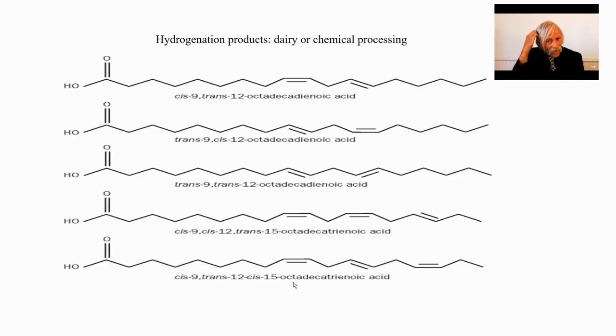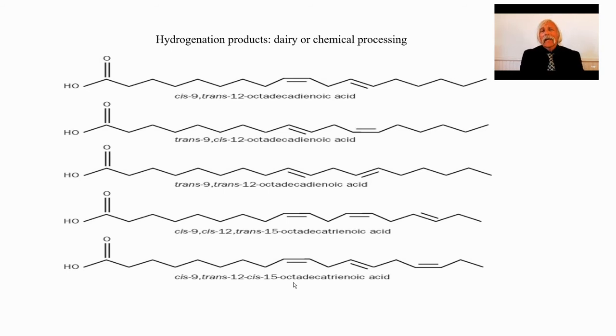Now, I want to show you, just so that you have this in your records, here are some of the trans fatty acids you find in foods. These can be hydrogenation products because there is hydrogenation from the microbes in the rumen. So you're going to get these fatty acids in dairy or in chemical processing, partial hydrogenation of fatty acids.